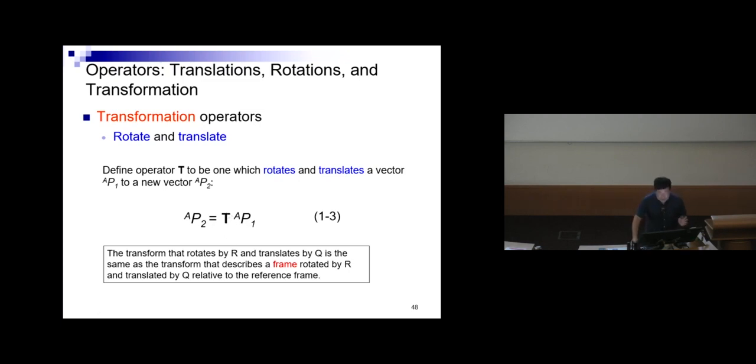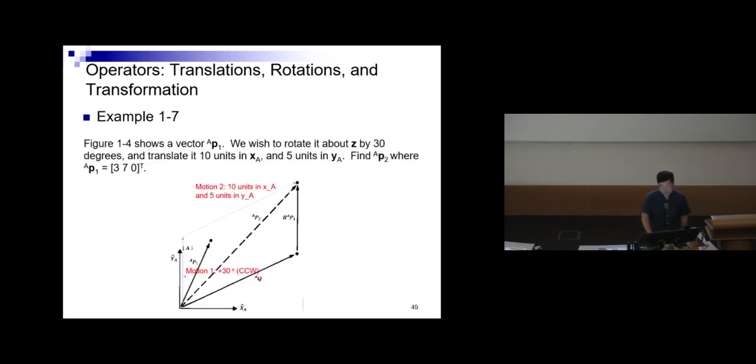The transform will rotate by R and translate by Q. It is the same as a transformation that describes a frame rotated by R and translated by Q relative to the reference frame. You get the same result. You may use either case, either as a frame transformation or as an operator, throughout this course, so you need to know both of them.